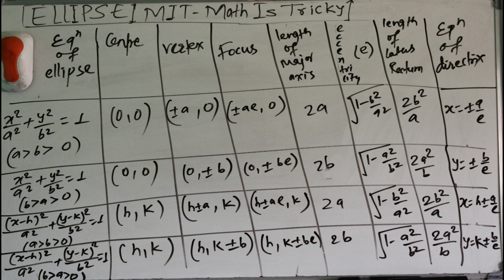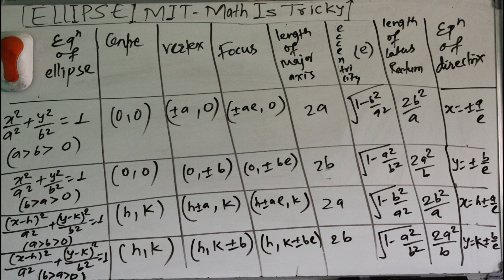In the first column you can see the equations of ellipse given here. So the first equation is x square by a square plus y square by b square equals 1, in which a is greater than b. Remember that a and b are positive numbers, so both are greater than 0. If a is greater than b, in that case center will be 0 comma 0, vertex will be plus minus a comma 0, and there are two foci, so it is plus minus ae comma 0.